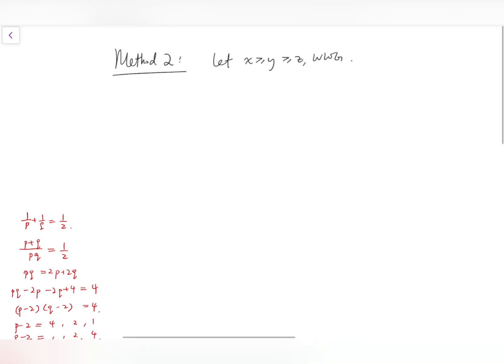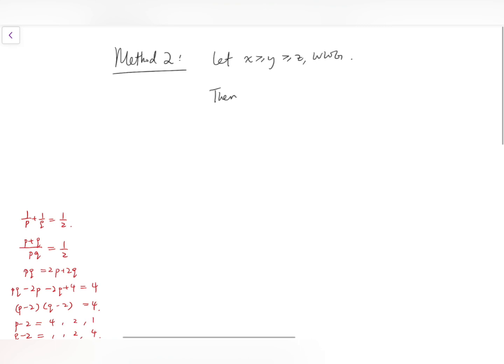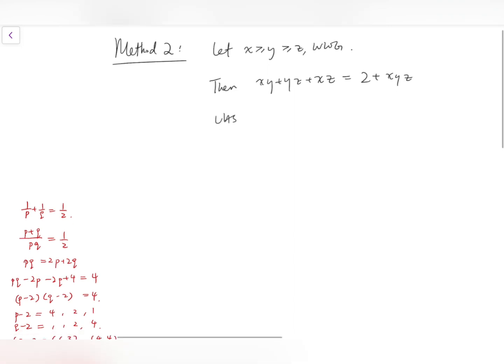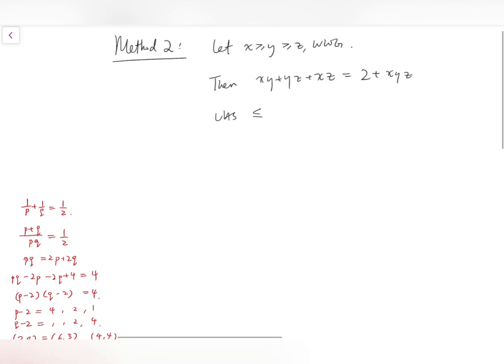Then for the equation, I will write like this, and the left hand side is actually less than or equal to 3xy, because I can say that this term is less than or equal to x, and this term is less than or equal to y. So we have 3xy on the left hand side.